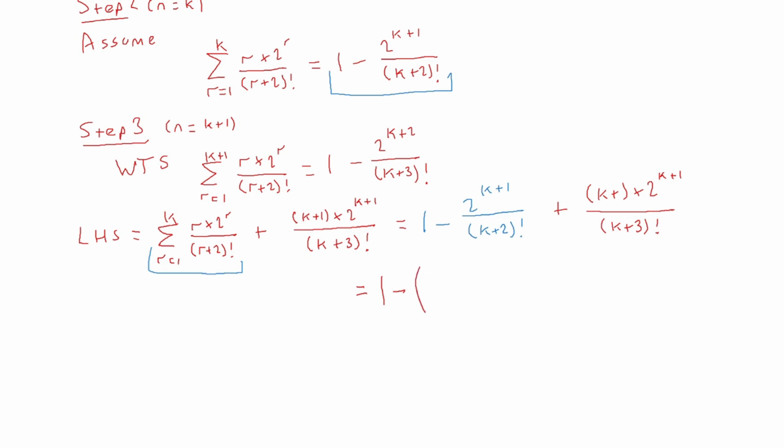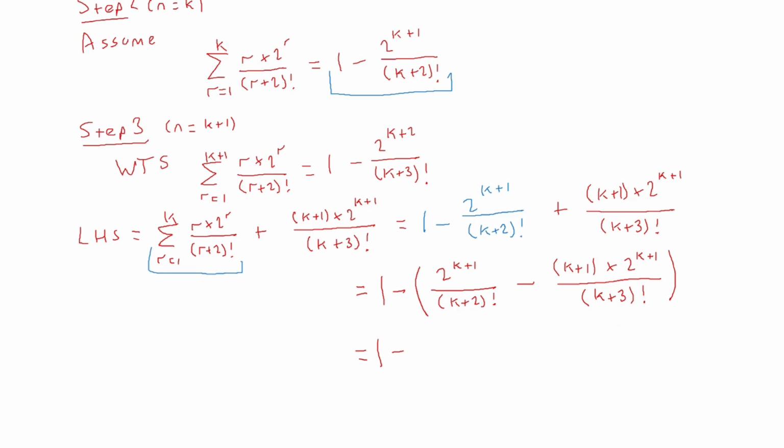And so 1 minus something that needs to simplify to this, so that something is 2 to the k plus 1 over (k plus 2) factorial minus (k plus 1), oh, I'm missing 1 there, times by 2 to the k plus 1 all over (k plus 3) factorial. Now, trying to simplify that expression in the brackets there, I need a common denominator.